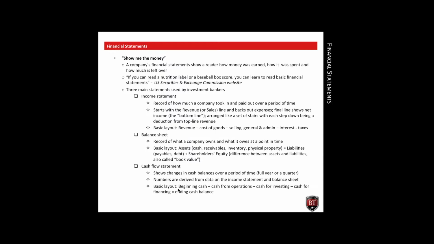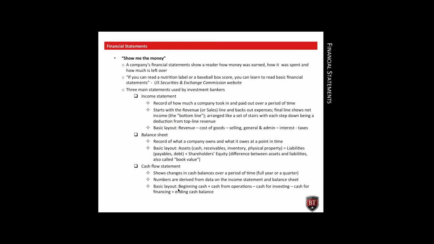And the difference between assets and liabilities is the shareholder's equity. It's also called book value, usually presented on the balance sheet as assets, and then if you match the total asset number, it equals the liabilities plus equity, but it's also useful to know that equity is the difference between assets and liabilities.